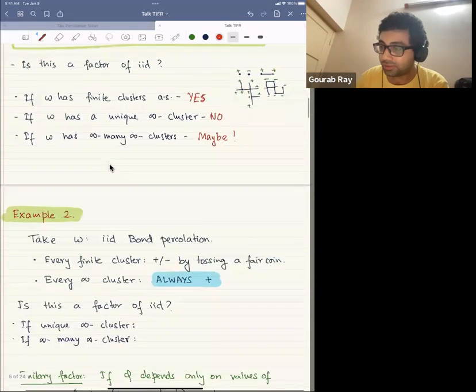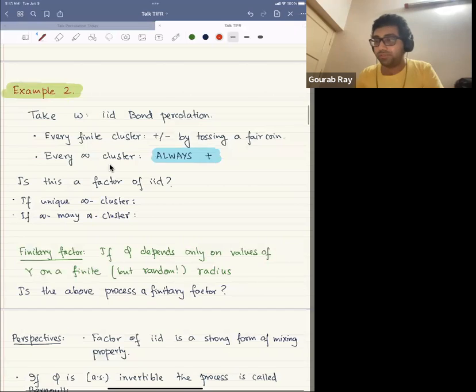Okay, so just to give you a bit more perspective, let's take this example a bit further. It's the same example as before, except for every infinite cluster, let's say I always put a plus sign. Okay, now this is my new process. Now, is this a factor of IID? If there is a unique infinite cluster, how do we construct this factor process?